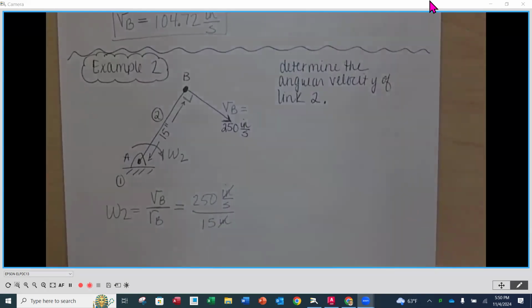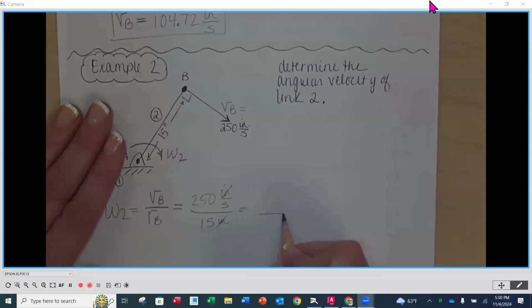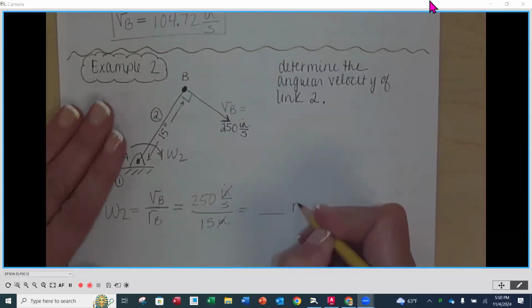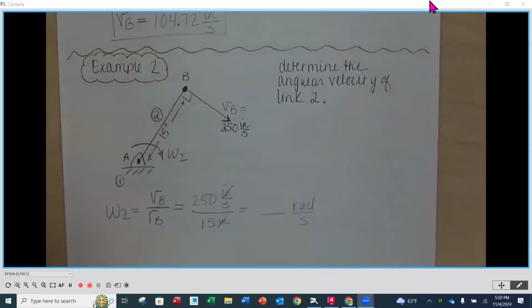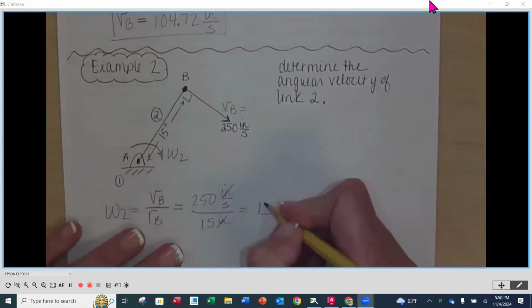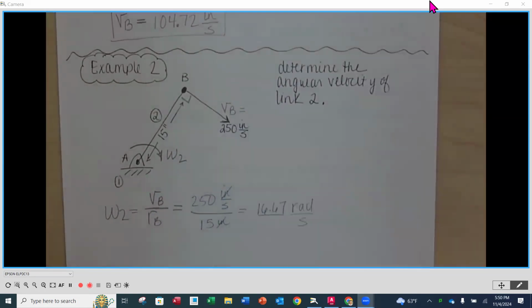It magically appears, okay? So as far as our units, they're going to be radians per second. What do we get? It should be 250... So 16 point, yep, got it. Thank you. 16.67 radians per second.